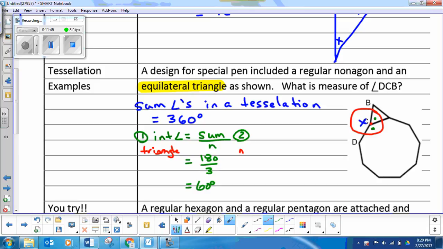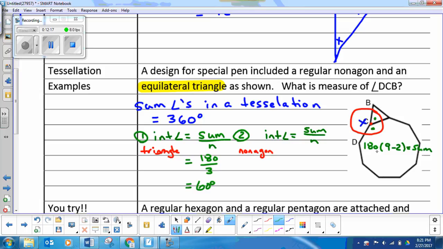Now we're going to look at our nonagon and do the same thing. We're going to find the interior angle of a nonagon by using the sum of the interior angles divided by n. So the sum of our interior angles I'm putting inside here just because I'm losing space. We're going to do 180 times 9 minus 2 to give us the sum of our interior angles.